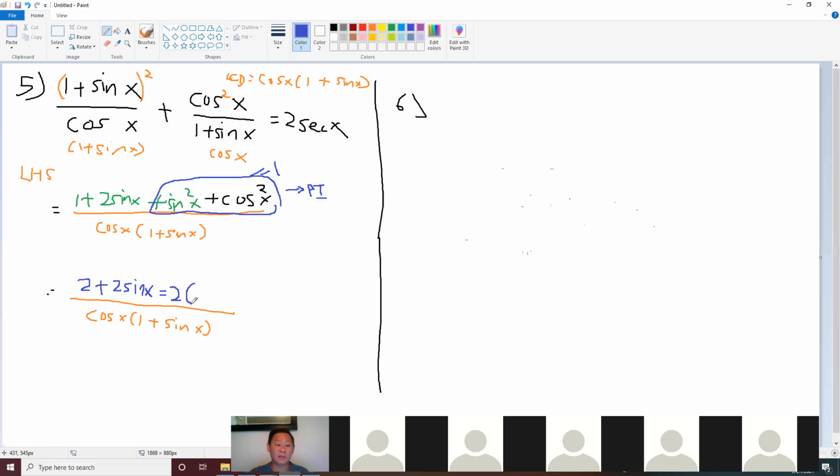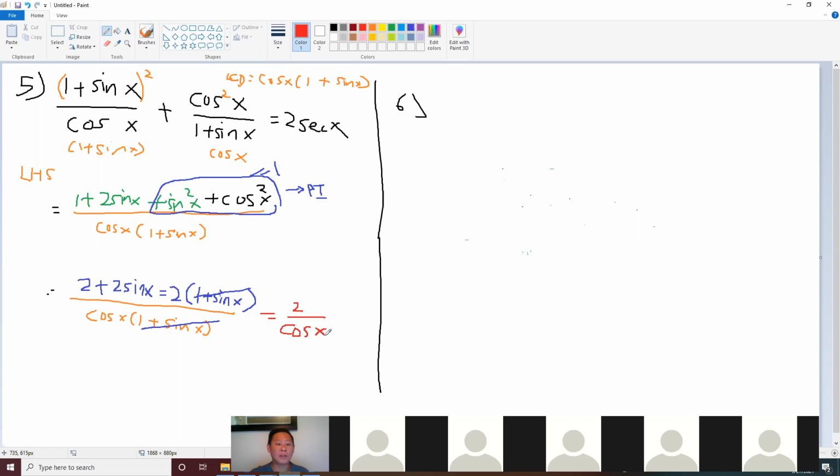And when you factor out the 2, what do you get? 1 plus sine x. Now, as I mentioned, you can only cancel stuff if you factor ahead of time, which we did. Now the 1 plus sine x can be canceled. So what you are left with in this case is 2 on top and cosine x on the bottom.